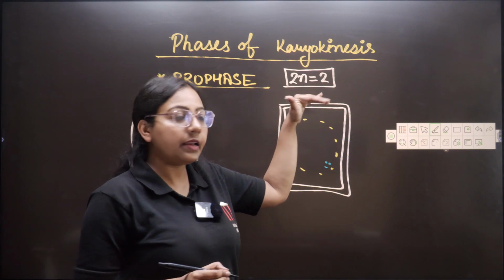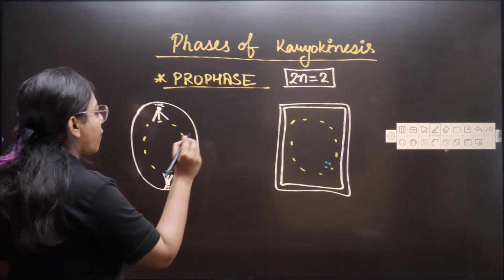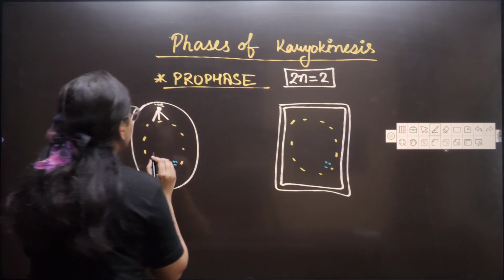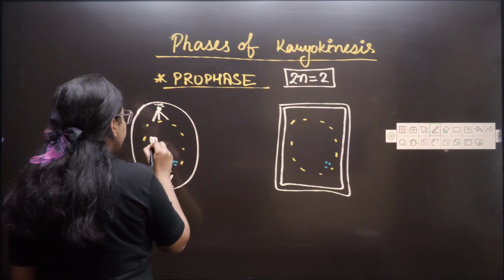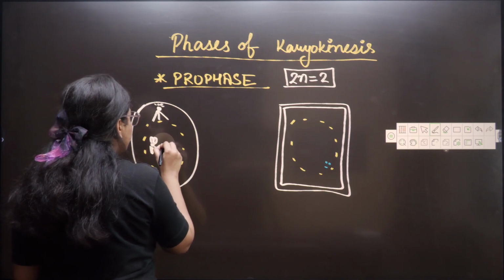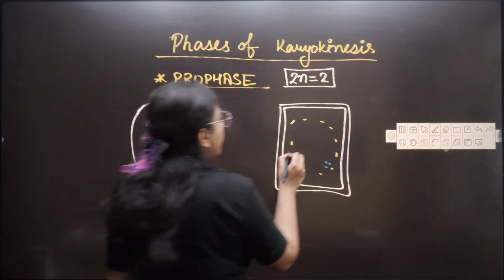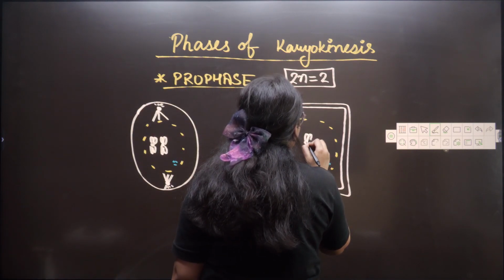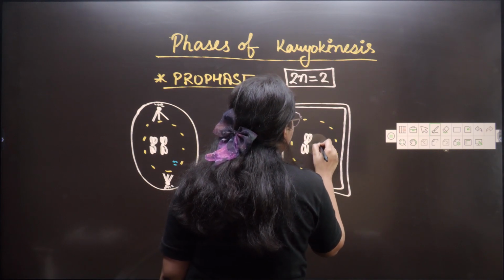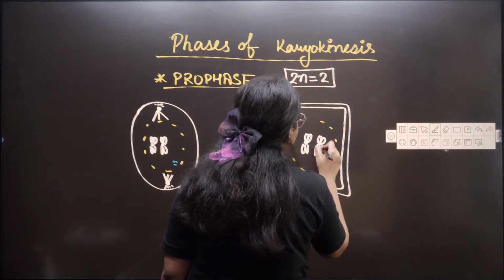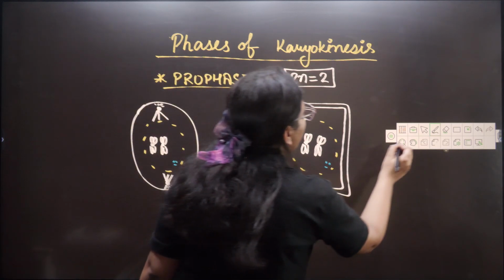Whatever is given, let us suppose 3 or 4, then you need to draw that. For me it is 2, so I am drawing only 2 chromosomes, a pair of chromosomes. Here 2, here also 2 chromosomes. Then this much is there, and let's label it now.